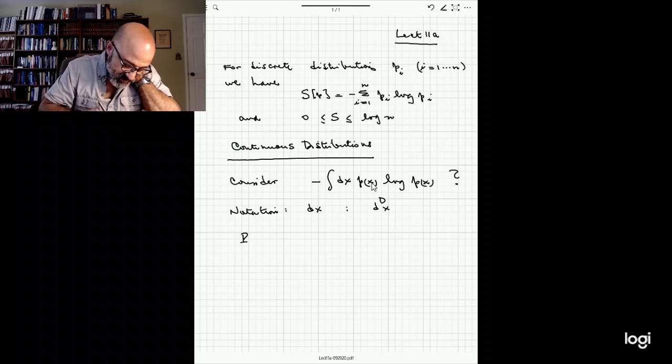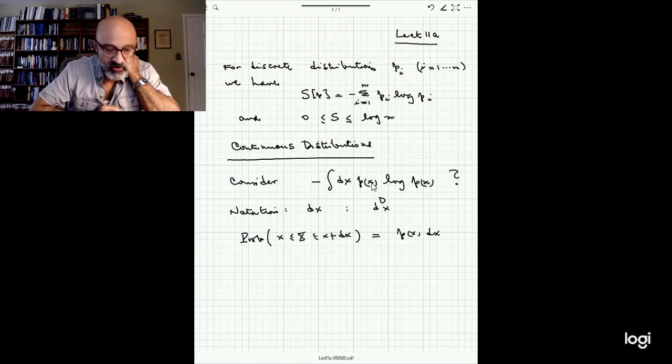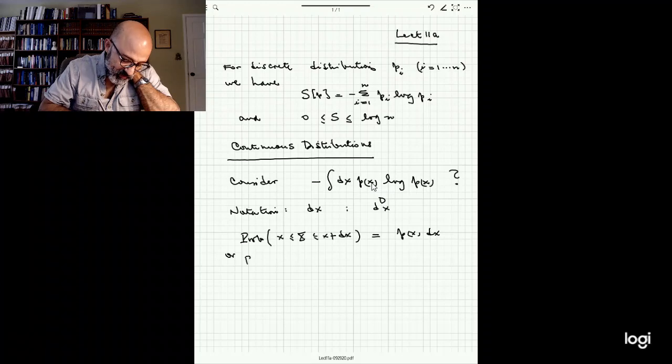The probability that the quantity x lies between the value x and x plus dx is equal to a density p(x) dx, or the probability that the quantity x, maybe a vector, is contained within a certain region of volume, let's call it d^d x.